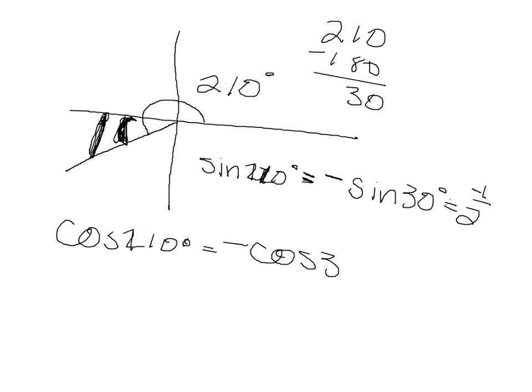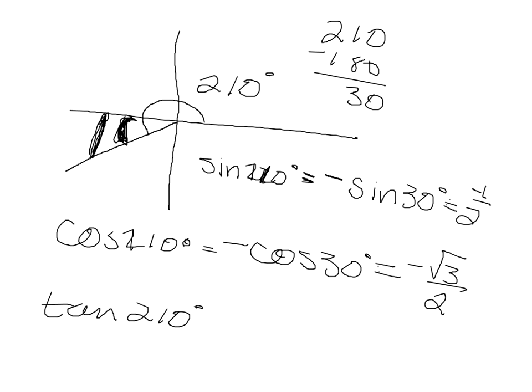So we get negative cosine of 30 degrees. So it's going to give us negative square root of 3 over 2. And tangent of 210 degrees. Now in quadrant 3, tangent's going to be positive. So we get tangent of 30 degrees, which is 1 over the square root of 3. And we get the other 3, sorry.